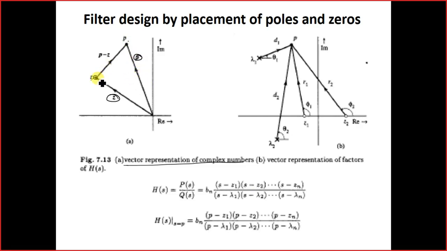Now if I have to find out the distance between P and Z, then P minus Z is a vector and it will give us information about the distance between Z and P. Similarly, this is just about a single point. Now if I have multiple points, say I have lambda 1, I have lambda 2, I have Z1, I have Z2.